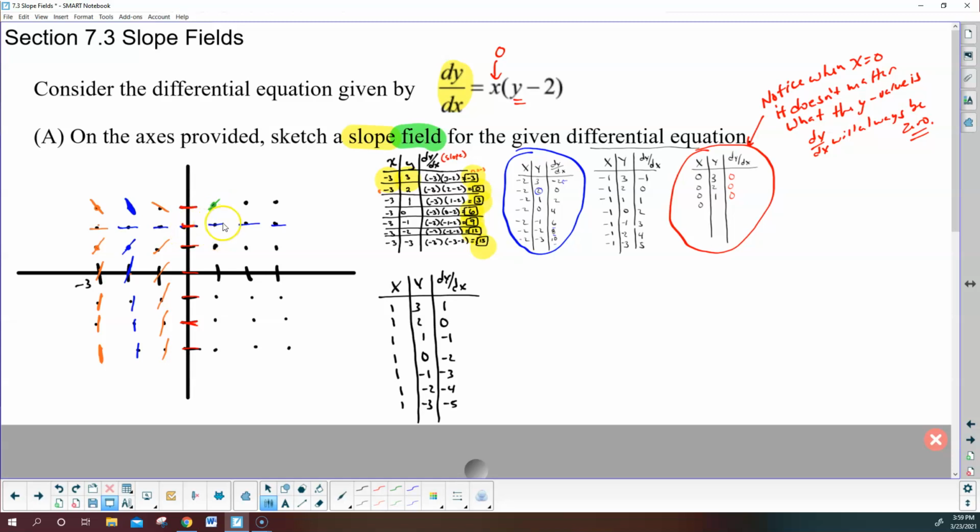We already know this slope is 0. And then I got a slope of -1. So I want to go down 1 over 1, get my slope of -1. Then I got a slope of -2. So I'll go down 2 over 1 and kind of estimate that point. And then we got the slope of -3, 1, 2, 3 over 1. Kind of estimate that. It should be steeper than the one before it, 4 and 5.